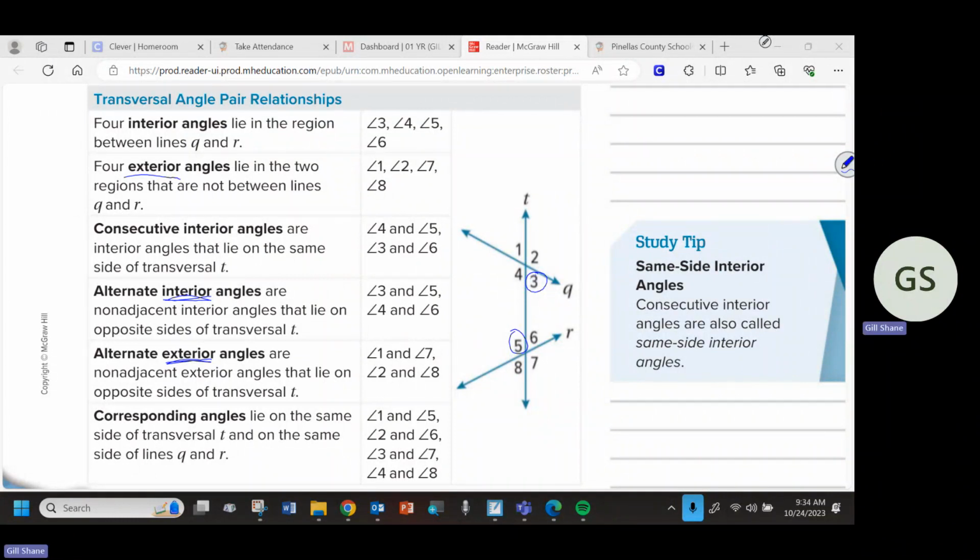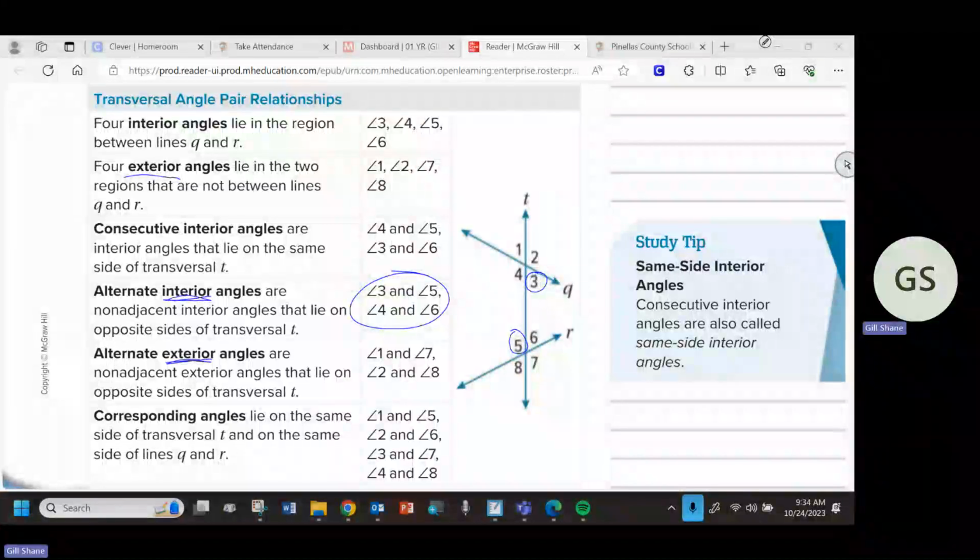So 3 and 5, well, I mean, it says it all over here, but 3 and 5 are alternate interior, 4 and 6 are alternate interior. Alternate exterior would be the 1 and the 7. Again, they're on opposite sides of the transversal. So the transversal is the single line. 1's over there on the left, 7's on the right, and they're exterior because they're outside the two lines.